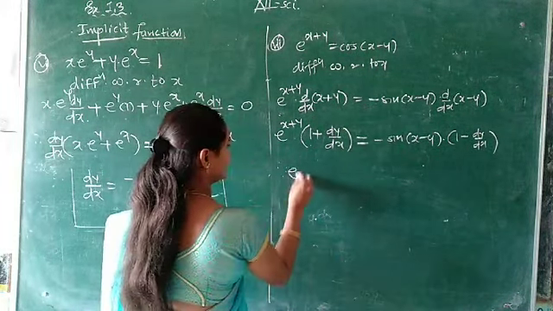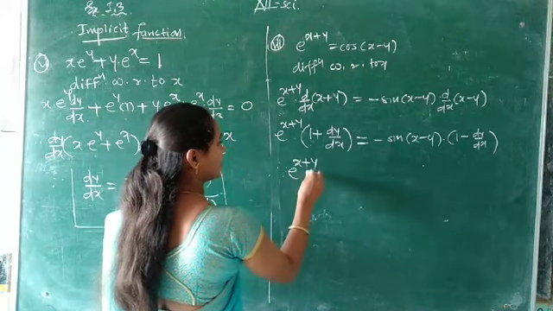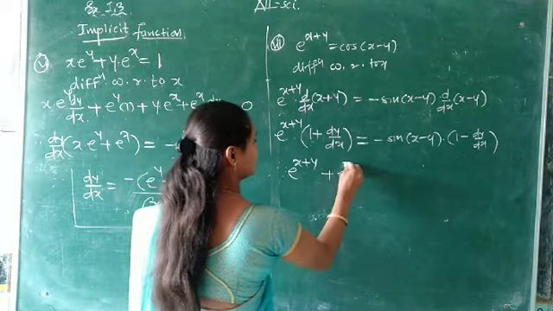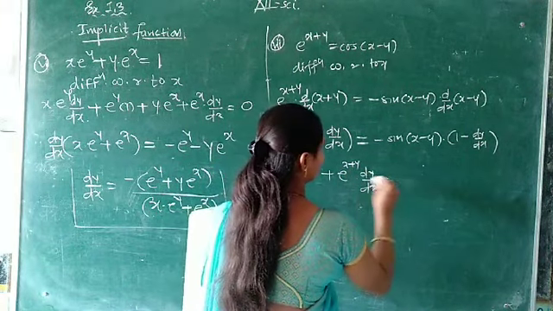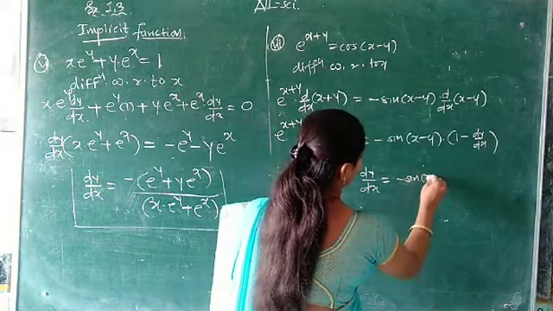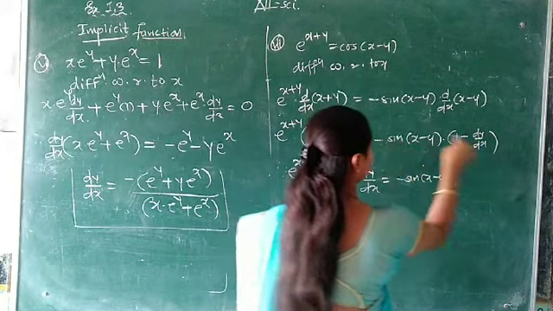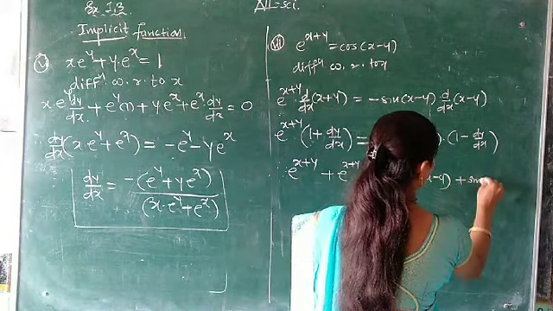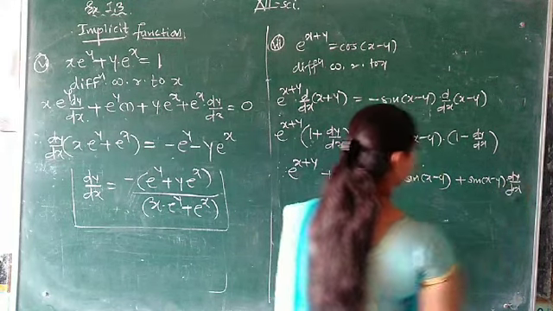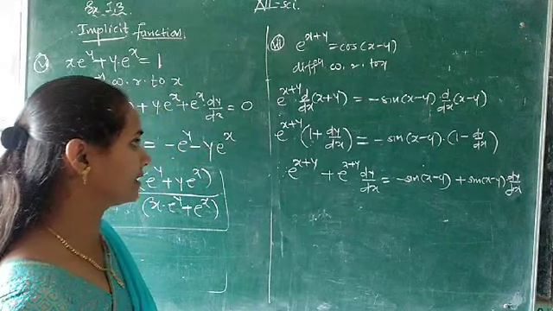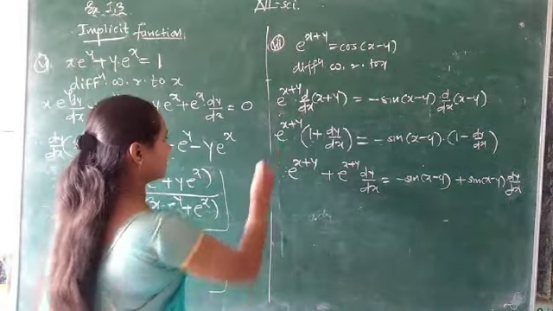Now multiply e raised to x plus y into 1: e raised to x plus y plus e raised to x plus y into dy upon dx is equal to minus sin of x minus y, and here minus minus becomes plus sin of x minus y into dy upon dx. Now again take the terms which are multiplied by dy by dx common.